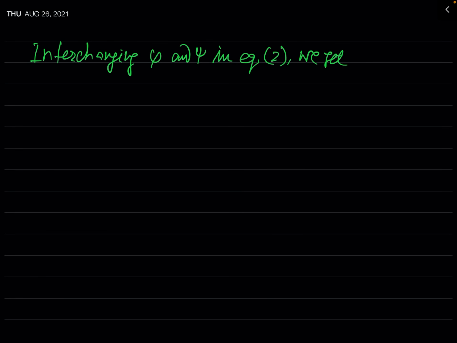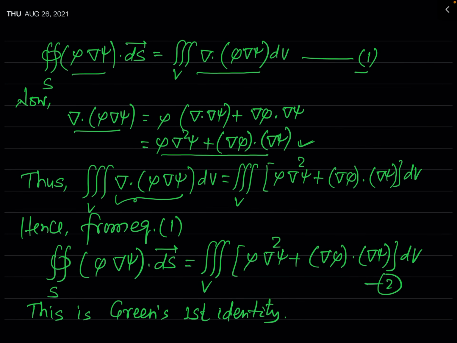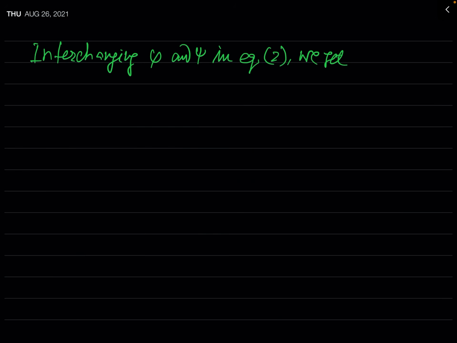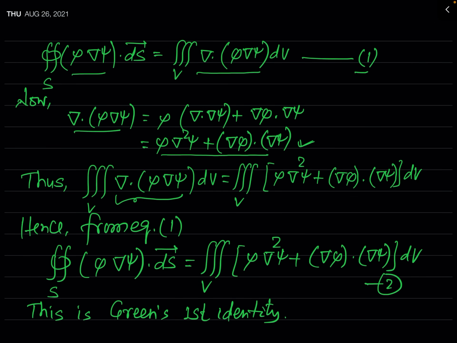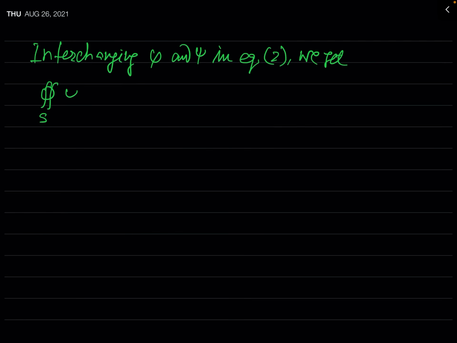We get, you can see in LHS there is surface integral of phi del psi. We will now write psi del phi. So this will be integral over the closed surface S of psi del phi dot dS, since psi and phi have been interchanged.